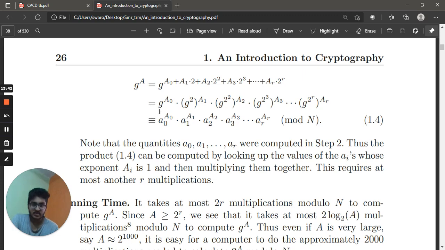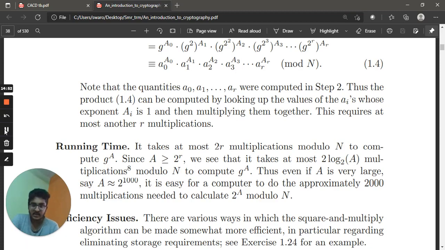That can be written as g power a0 into g square a1 into g power 2 square into a2 into g power 2 cube a3 and so on up to g power 2 power r ar, which is A0 power a0 into A1 power a1 into A2 power a2 and so on up to Ar power ar, mod n, and these quantities A0, A1 and so on up to Ar were computed in step 2.